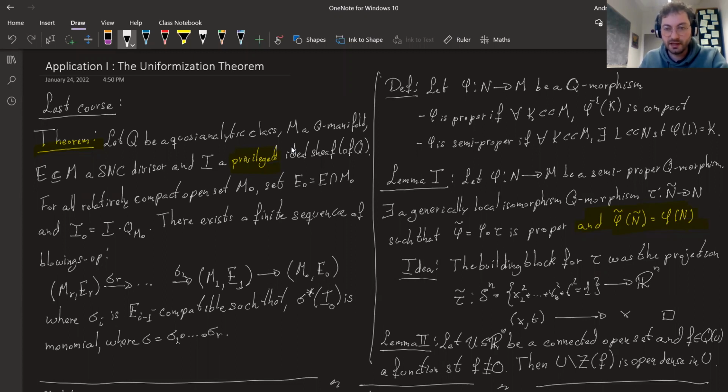And of course, we want the image of n tilde to be equal to the image of n. In the previous version, we did not add this property, and then you could always take n tilde equal to a point, and tau being just the immersion of a point into n, and the final morphism would be proper. But of course, we want some sort of covering in some sense.